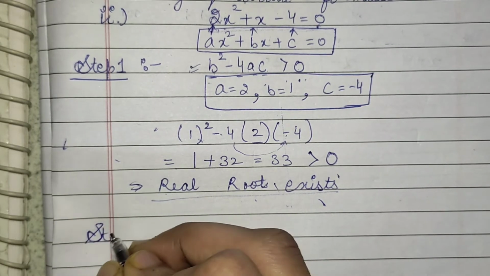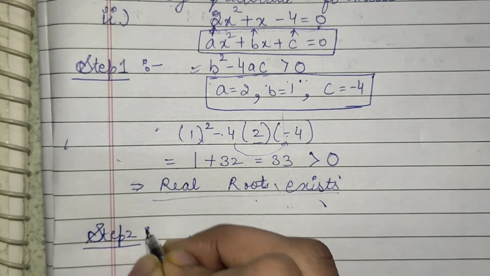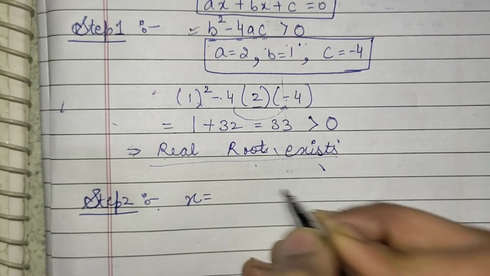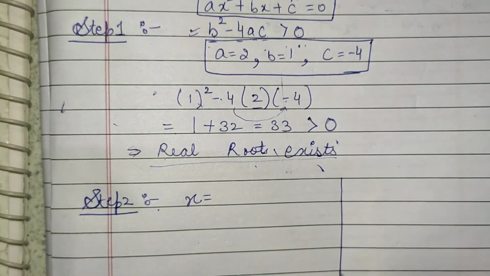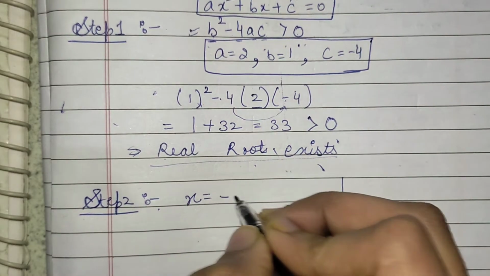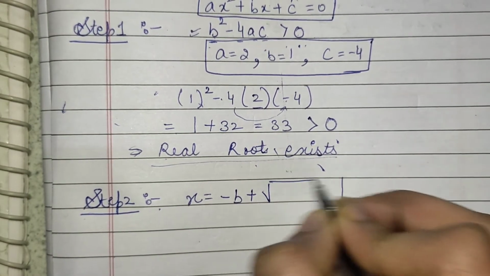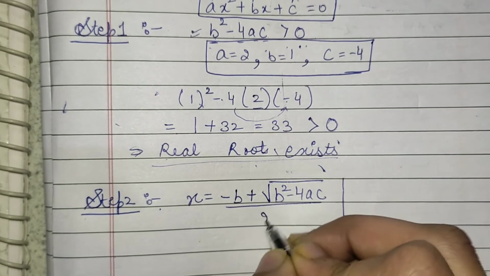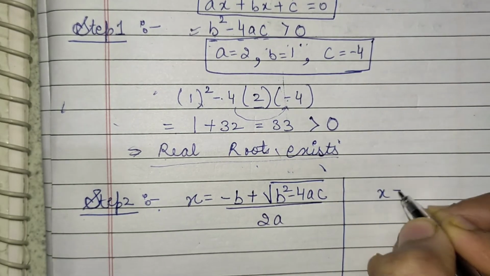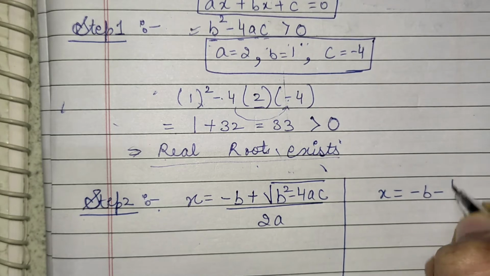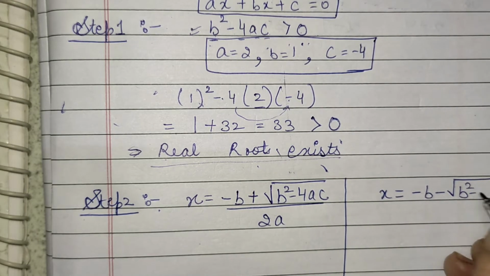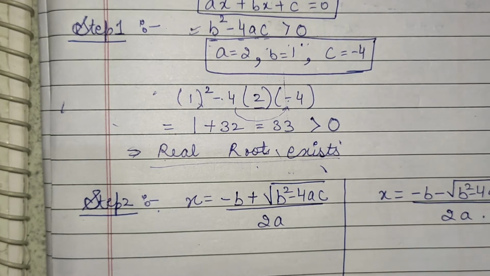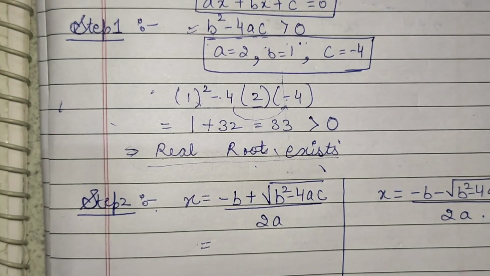Okay, so moving to step number 2. Step number 2 says what? Use the quadratic formula now. So two formulas are there for the quadratic formula, which are minus b plus under root of b square minus 4ac divided by 2a, and the second one is minus b minus under root of b square minus 4ac by 2a.